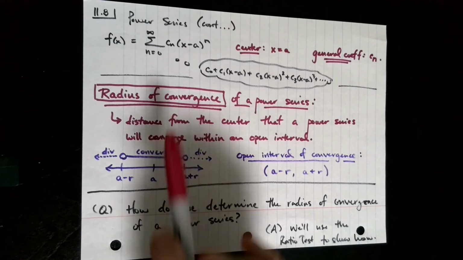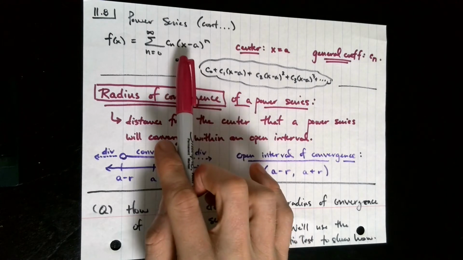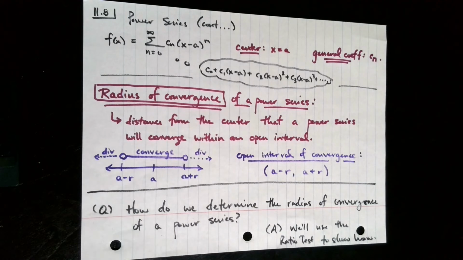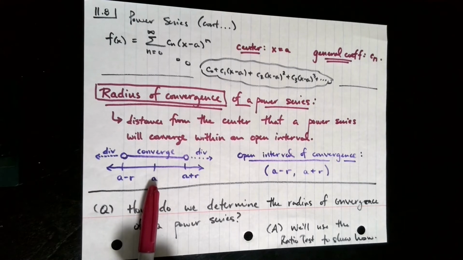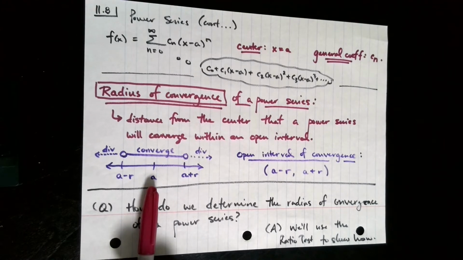So when we talk about a power series converging, we want to know the values for x where the power series would converge. And well, one notion related to this is what's called the radius of convergence. So as we've discussed, the center of the power series we know will be a point where the power series will converge. You plug in a, there's no doubt the power series will converge there.